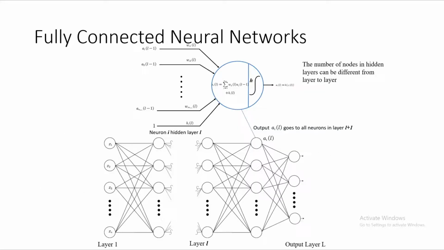The output of layer 1 is the components of this input vector, that is x1 to xn.